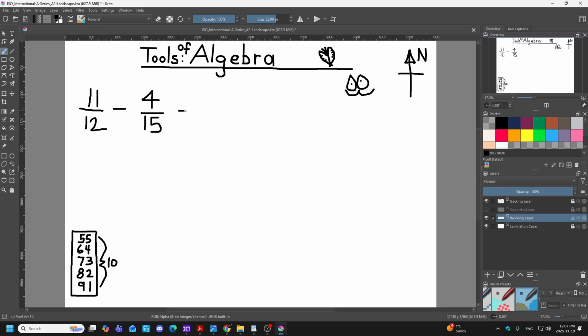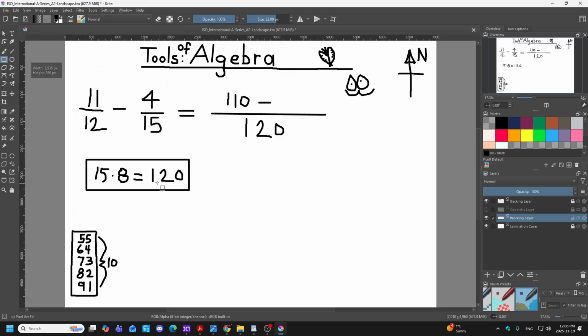Okay. And then if I have to reduce from there, I will. All right, 120. What times 12? That's 10. So that's 110. Subtract. We determined that 15 times 8 equals 120. Therefore, 8 times 4 is 32.